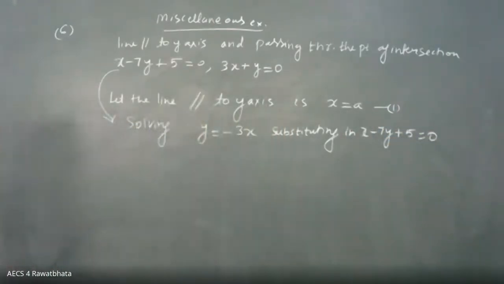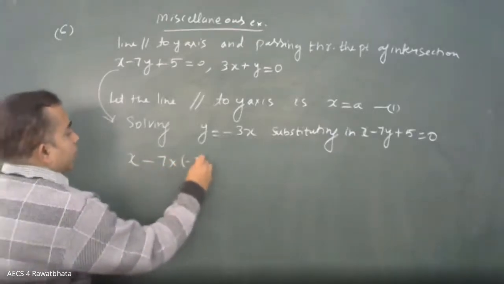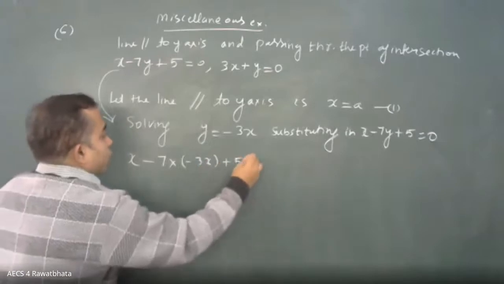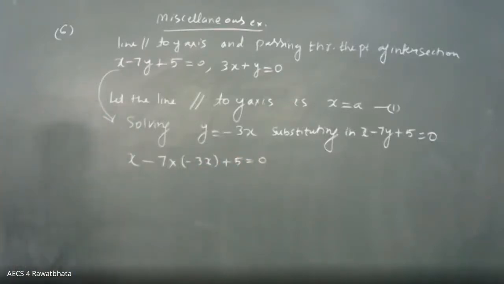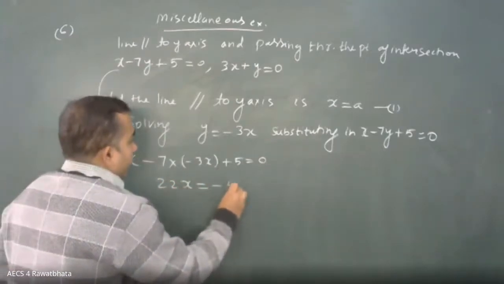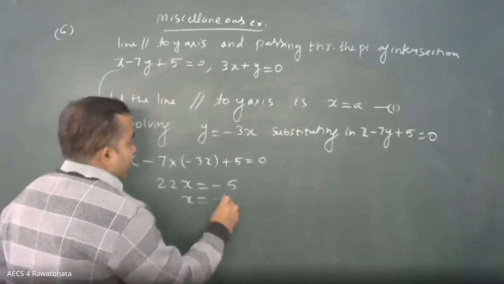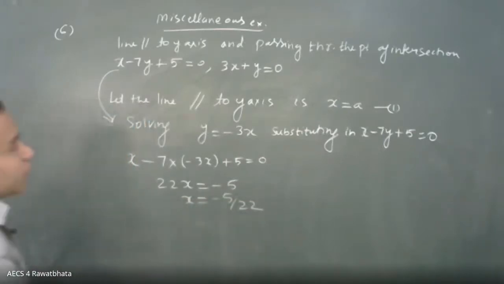If I put the y value, it becomes x minus 7 into minus 3x plus 5 equal to 0. This gives 7 threes are 21, x plus x is 22x equal to minus 5. So x equals minus 5 upon 22.